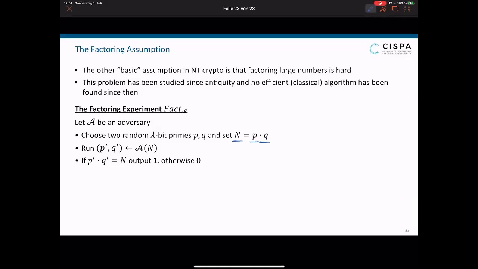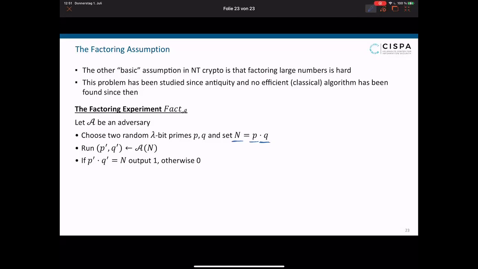So the factoring problem or factoring experiment is phrased as follows. We have an adversary or algorithm A. We choose two large primes, two lambda bit primes, P and Q, multiply them together, and get this n.